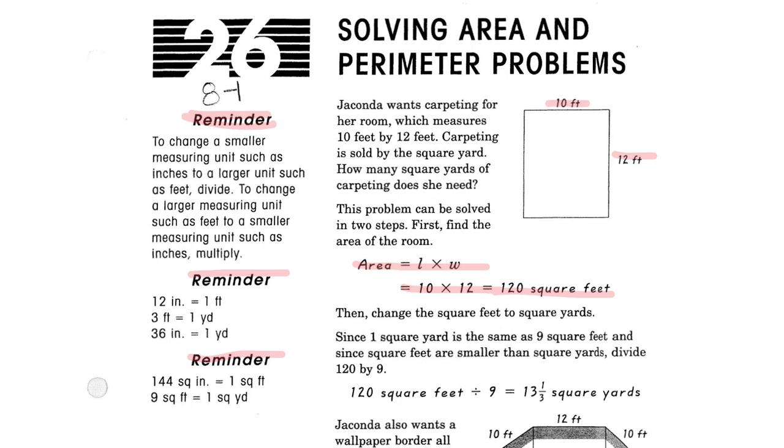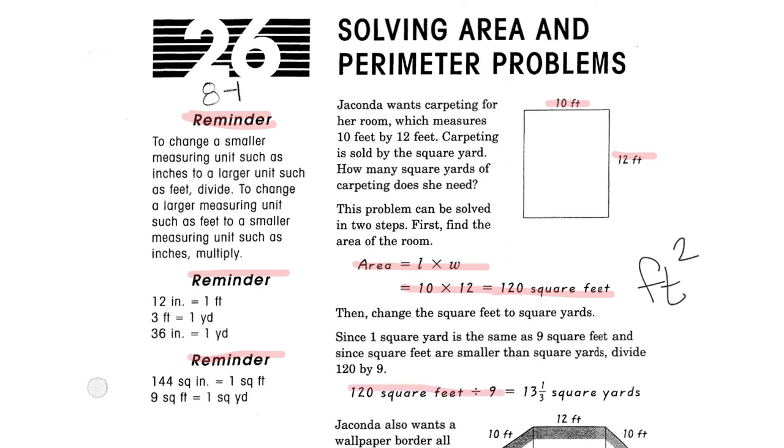Remember that you can also write it as feet squared. Now, it says to then change the square feet to square yards. Since 1 square yard is the same as 9 square feet, and since square feet are smaller than square yards, you divide 120 divided by 9.